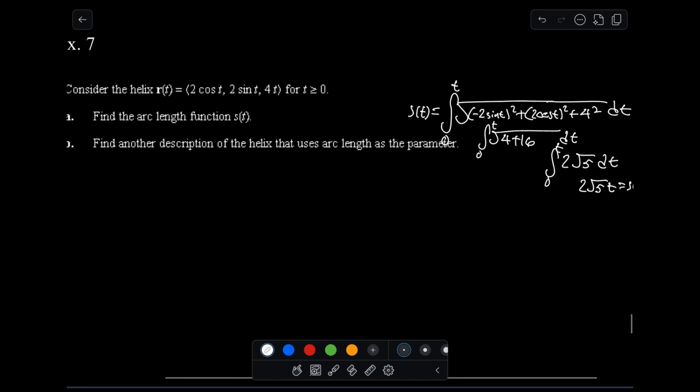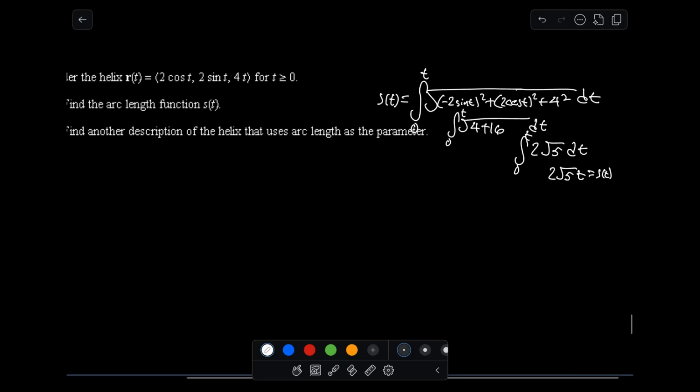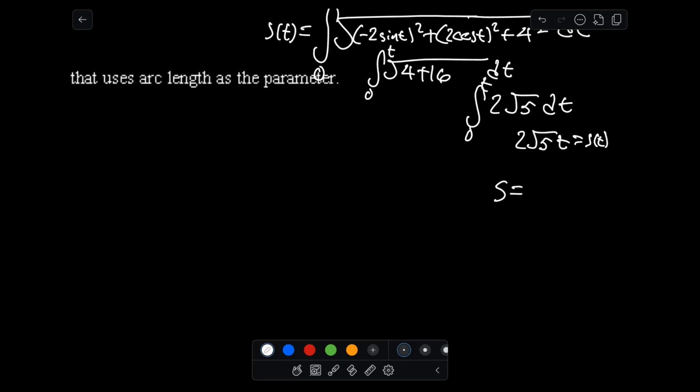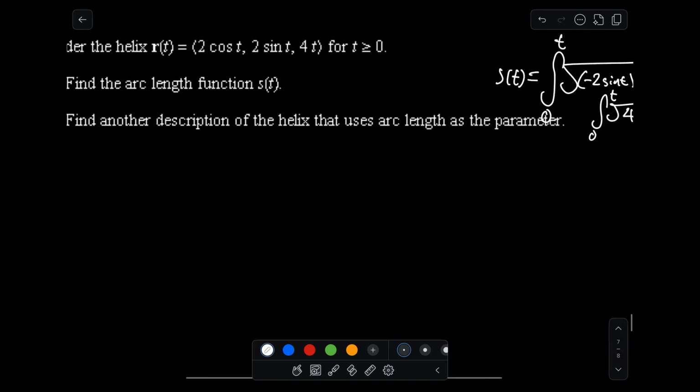And if we want to use the arc length as a parameter, we can say that s equals 2 root 5 t. Because if this is 1, then we can say that the parametrization in terms of t is the same thing as it is in r, right? But in this case, it's not, because it's going to be 2 root 5, or root 20 in this case. So then we divide everything by 2 root 5 to get t by itself, and then we can plug it into the equation.